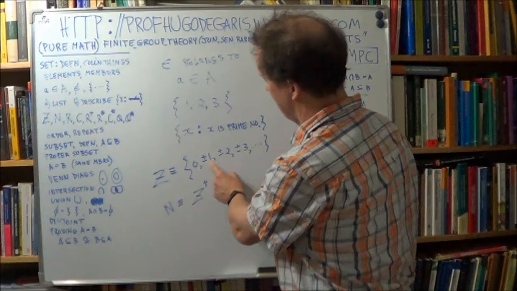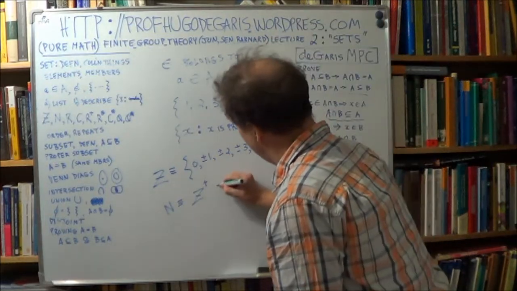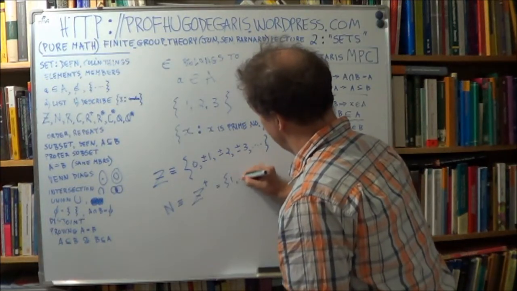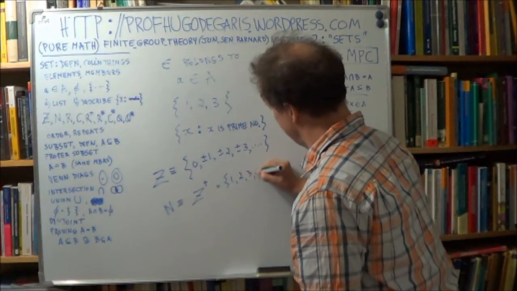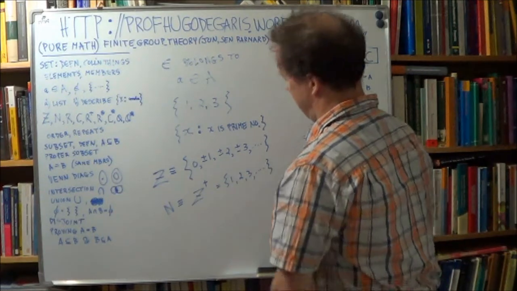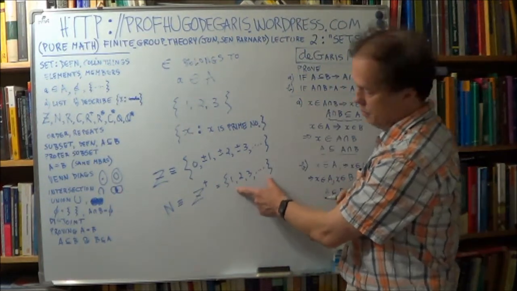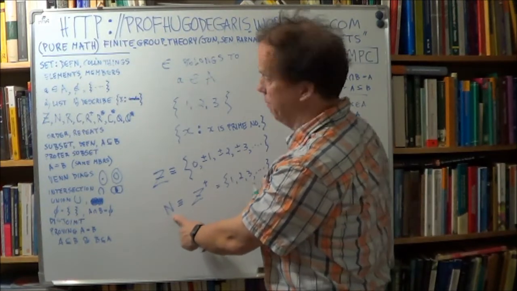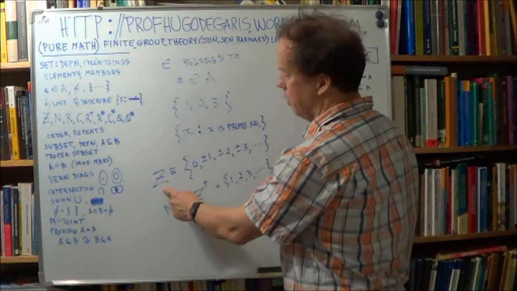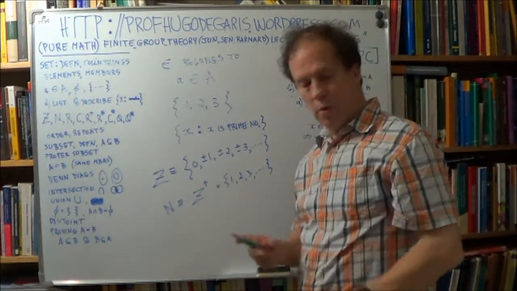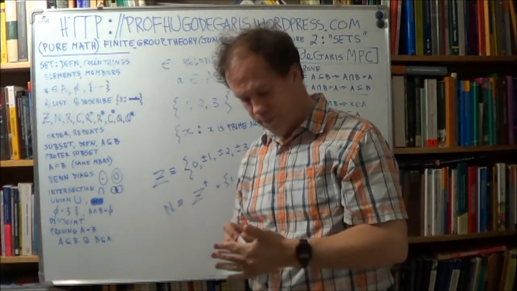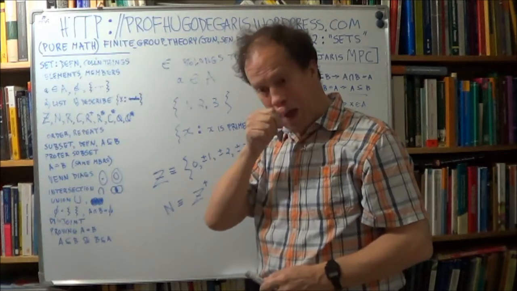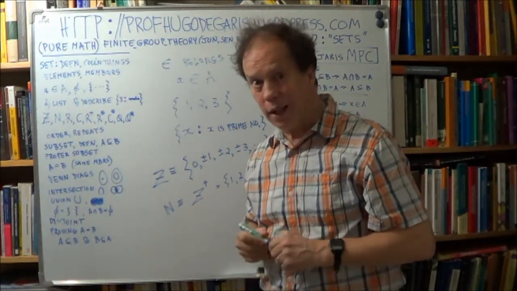So starting at 1, 2, 3, that would be the set of counting numbers. These counting numbers are usually just referred to as the natural numbers, N for natural. The Z, where does that come from? Why Z? Well, it comes from the German language. The German word for number is Zahl.